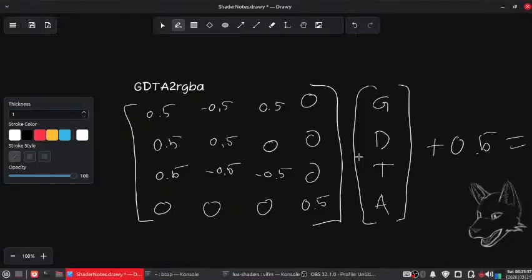This is 0.5, 0, minus 0.5, 0, 0, 0, 0, 0.5. Yeah, that should be it. And this is a calculator, right? Okay. Lots of halves and ones.